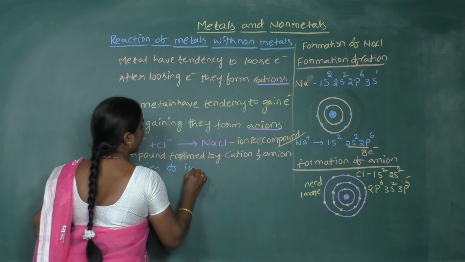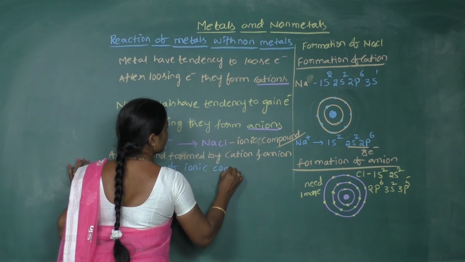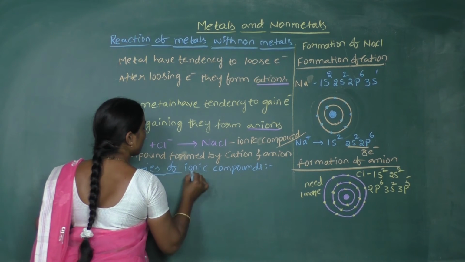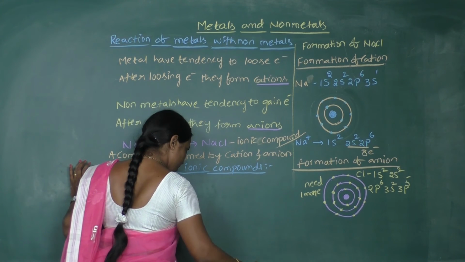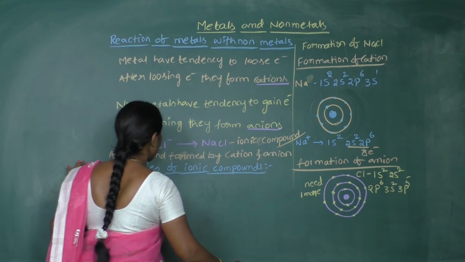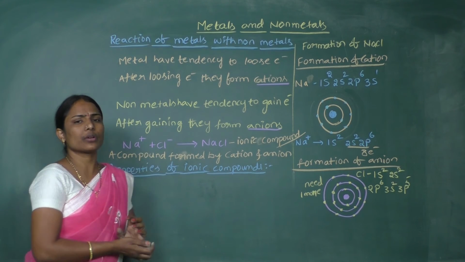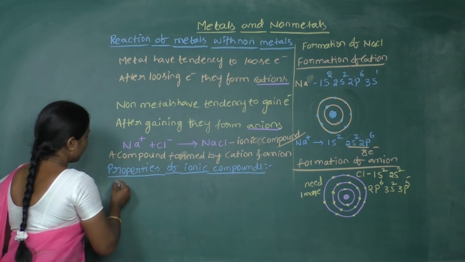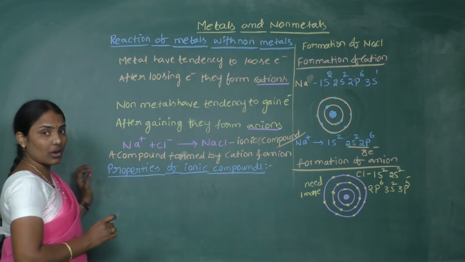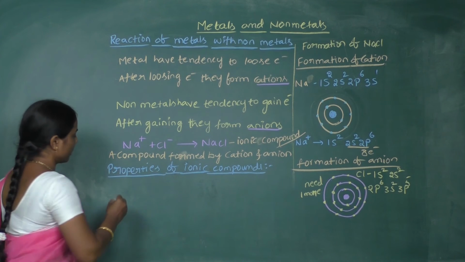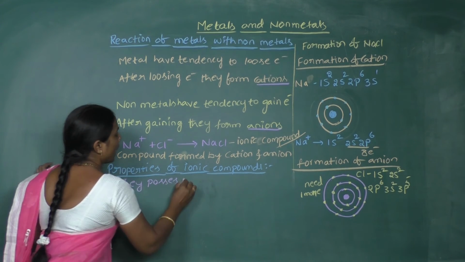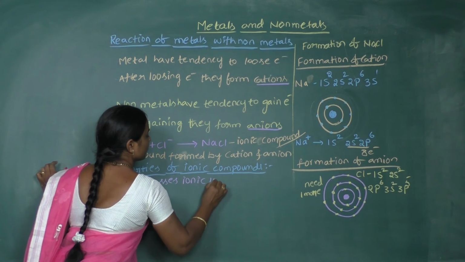Properties of ionic compounds. Okay, so what are the properties of ionic compounds? See, first thing, they are formed by the cations and anions, meaning a combination of ions, right? So because of this, they have a bond which is called an ionic bond, right? So they possess an ionic bond.